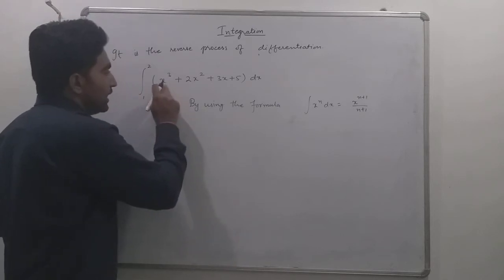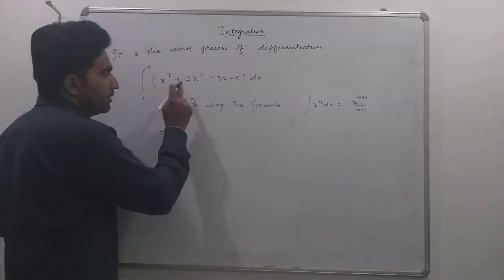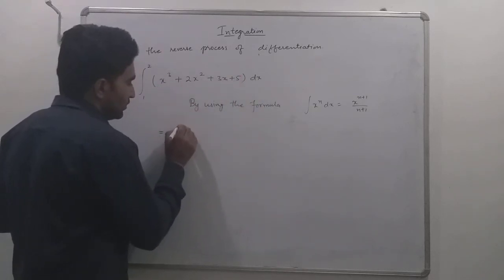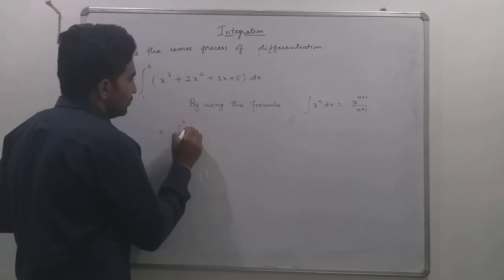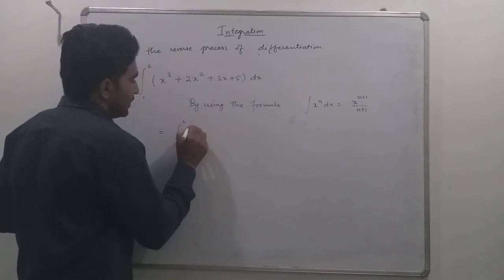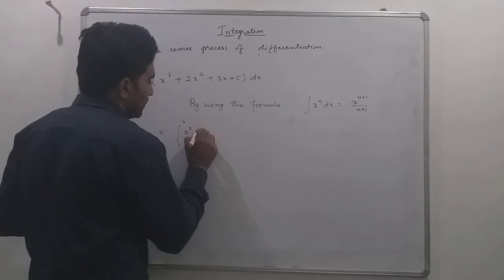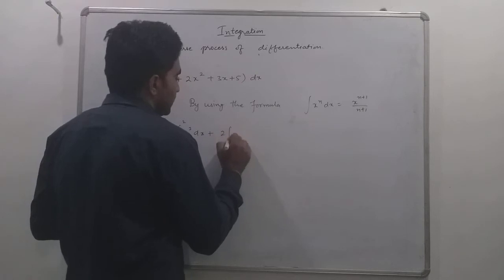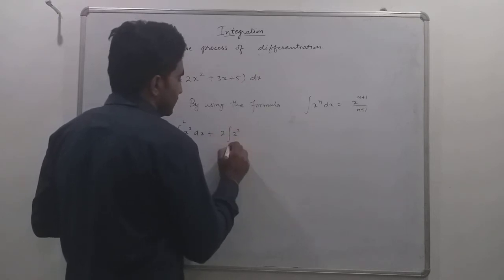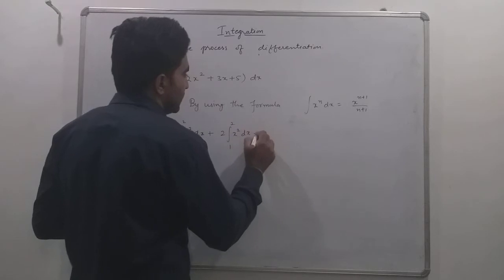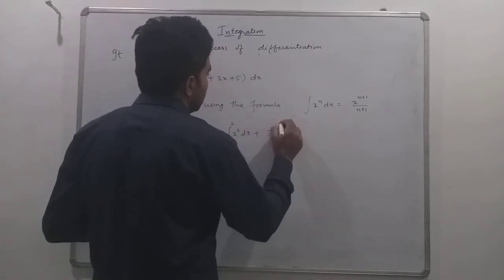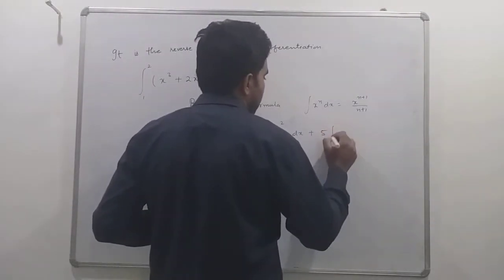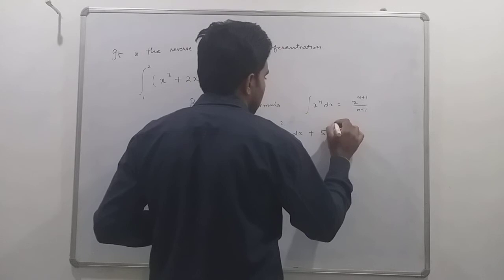Firstly, we have to take integration of the separate terms. It will be equal to integration from 1 to 2 of x raised to power 3 dx plus 2, which can be taken outside, integration of x square from 1 to 2 dx plus 3 integration from 1 to 2 of x dx. Similarly 5 integration of dx from 1 to 2.